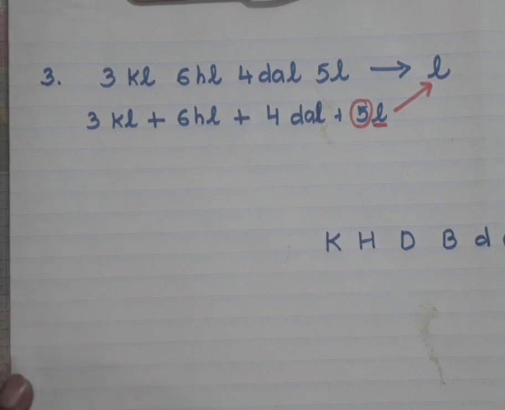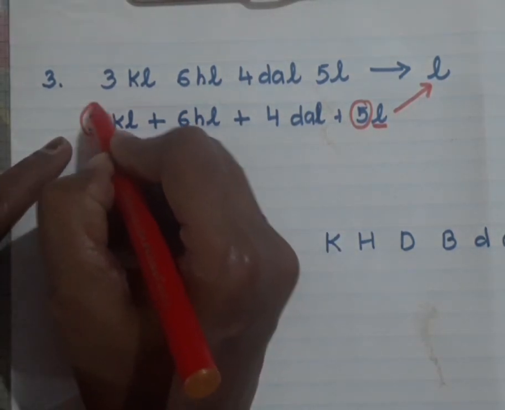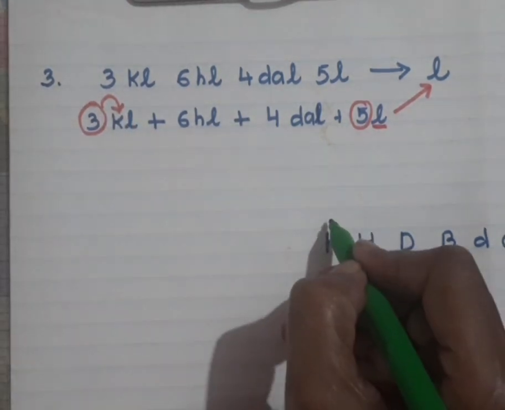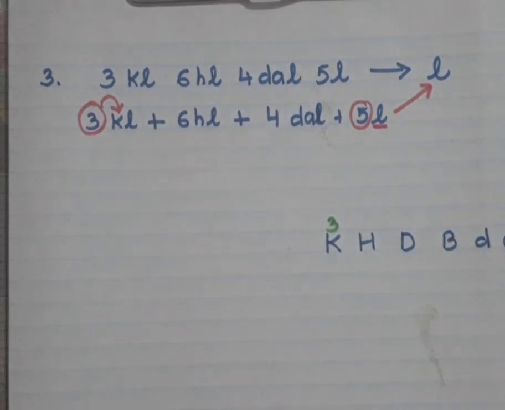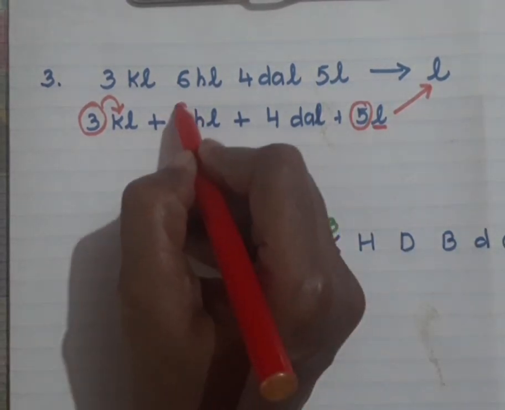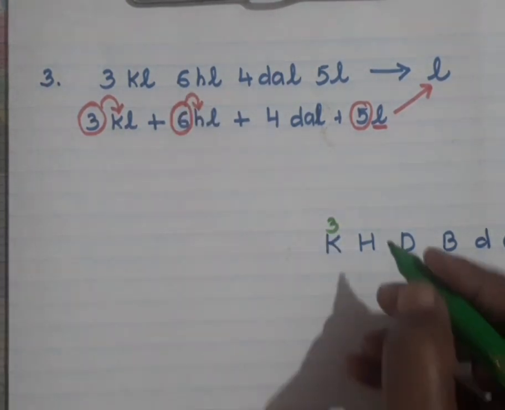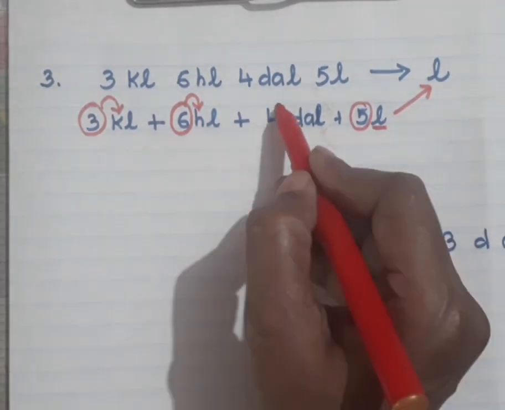Wow. Now, where is this 3 sitting? It is sitting on kilo. Am I right? So, let's write 3 on kiloliter. Alright? And where is this 6 sitting? It is sitting on hecto. Let's write all the things and then it will be easy for us. And where is this 4 sitting?